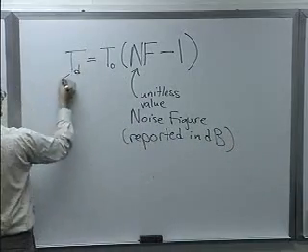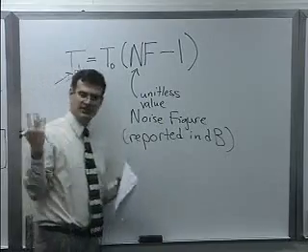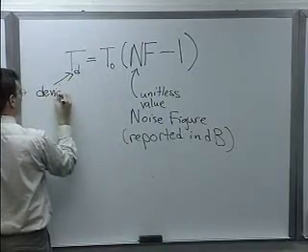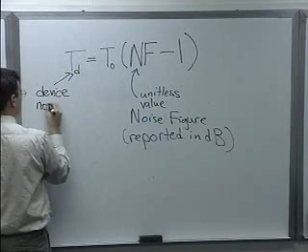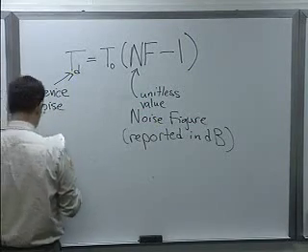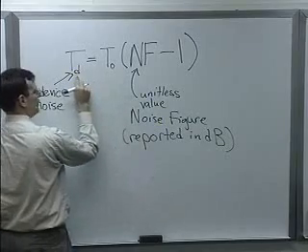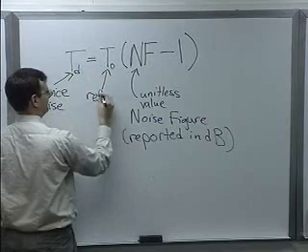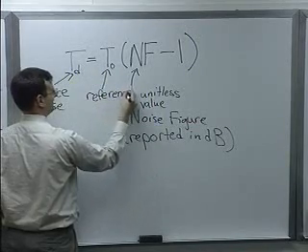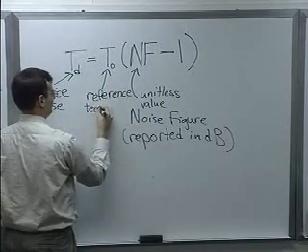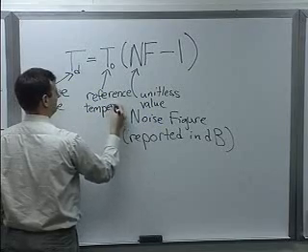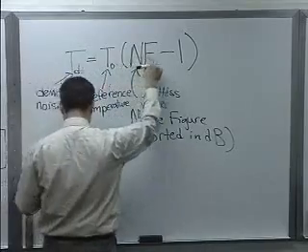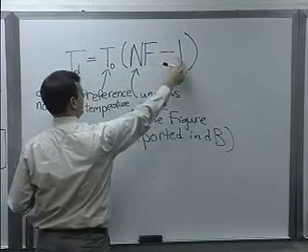And to convert it into device noise and use it in our system of equations that we developed over there, you take a reference temperature and multiply it by noise figure minus 1.